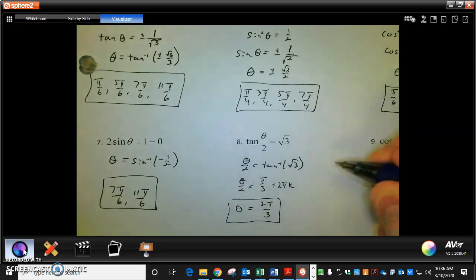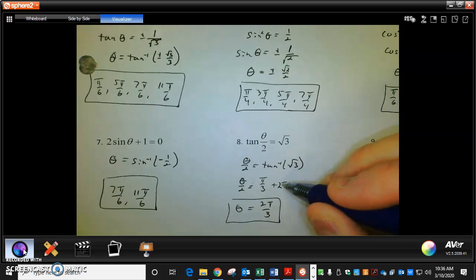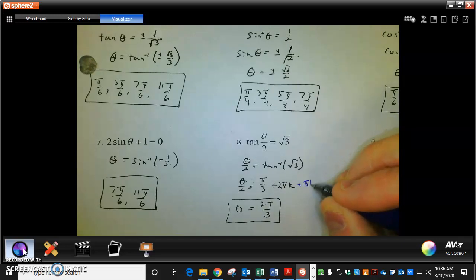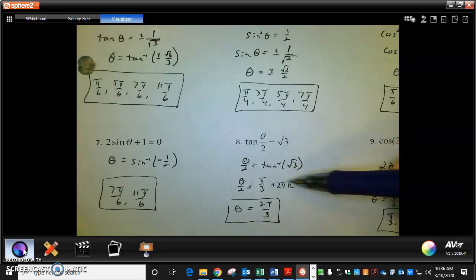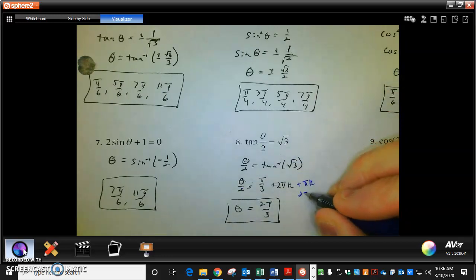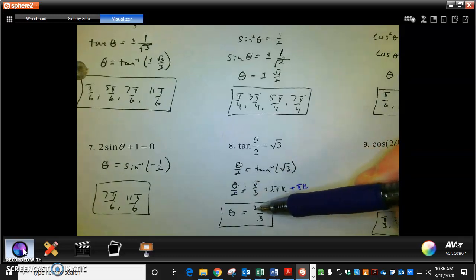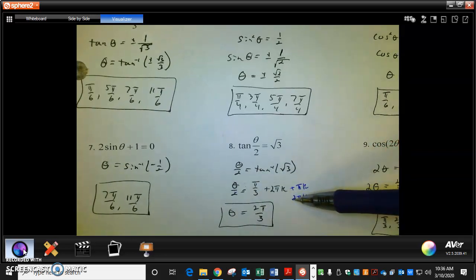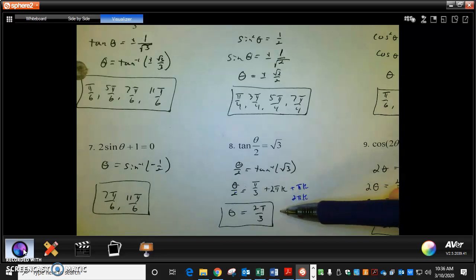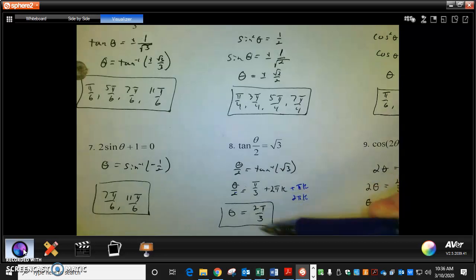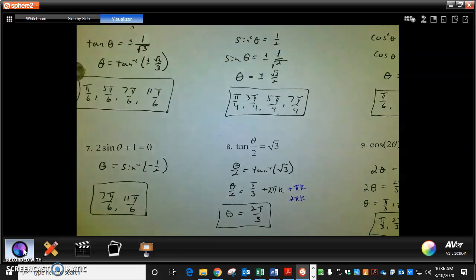I'm sorry if that's a confusion, but what's going to happen is, regardless of what this is, if I wrote this as plus pi k, that is going to get multiplied by that 2 and become 2 pi k. So whatever angle I end up with, which in this case is 2 pi over 3, adding 2 pi is going to give you an angle that's bigger than what we want. So this one only has one solution.